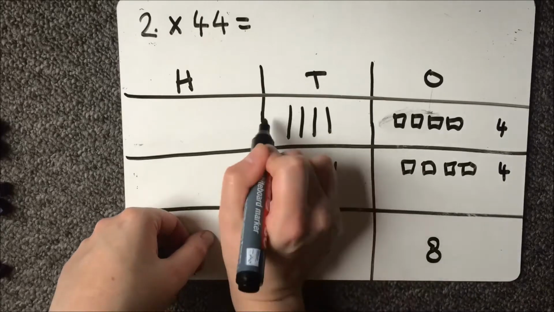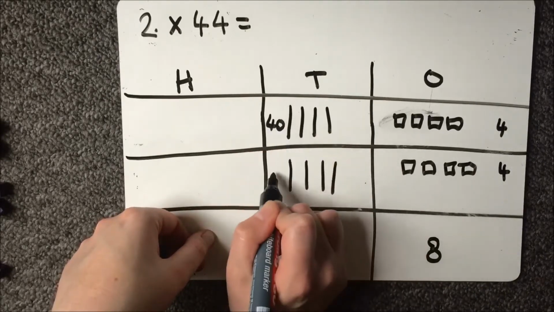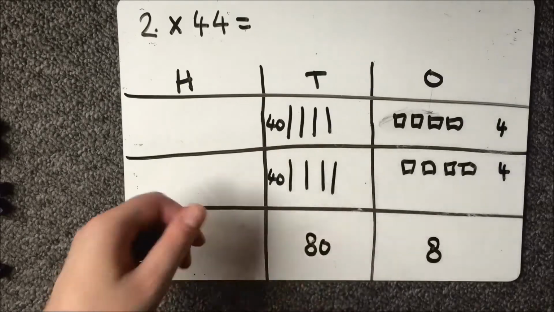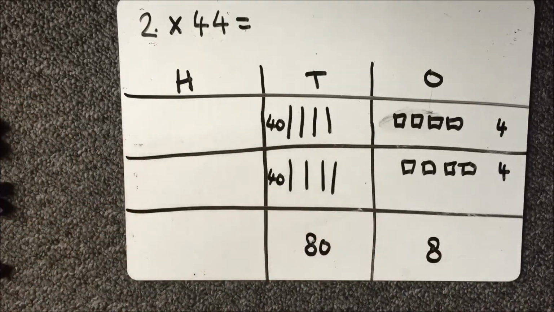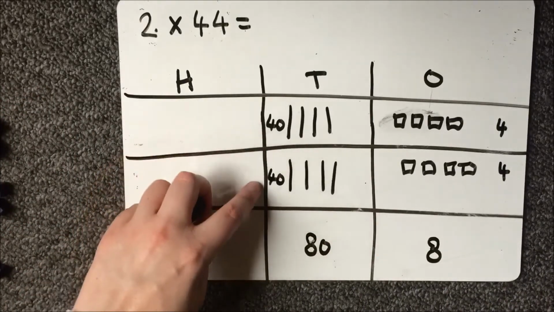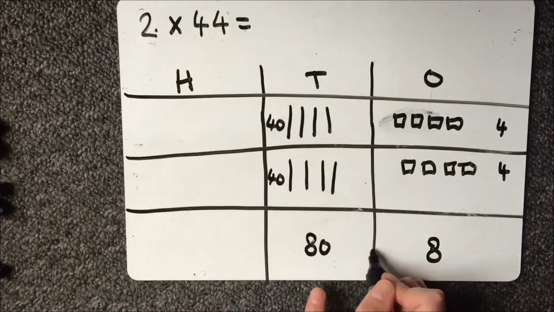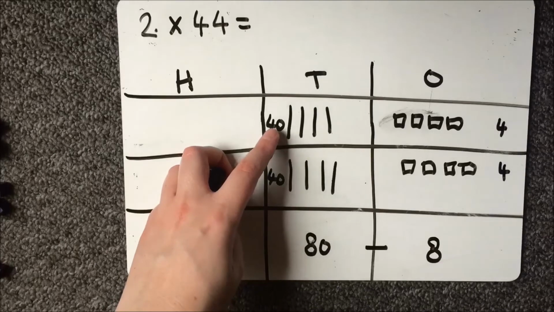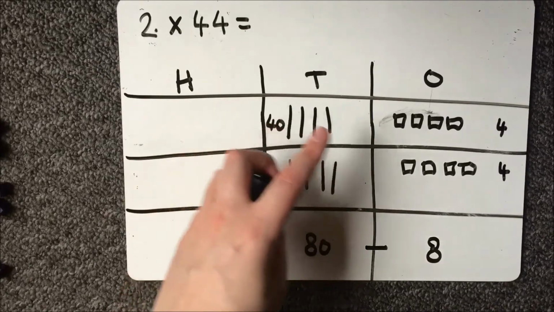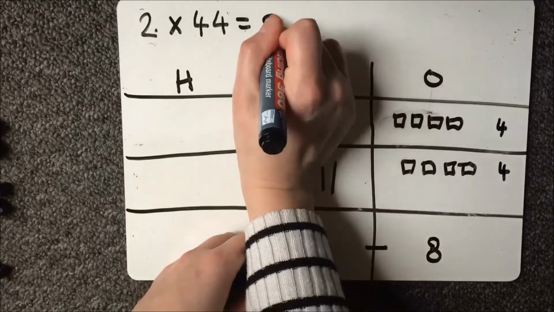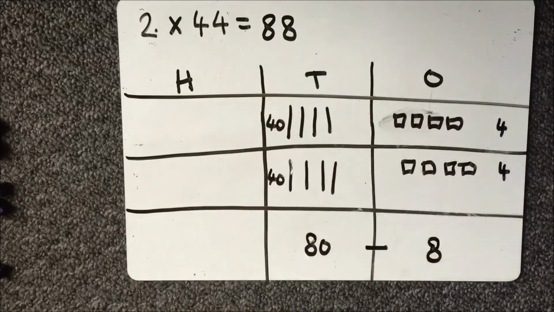Or we could have counted in 40s, which is a little bit like counting in 4s, but 10 times bigger. So it's going to be 40, 80, a little bit like 4, 8. So my answer is 8 tens, add 8 ones is 88. Got it?